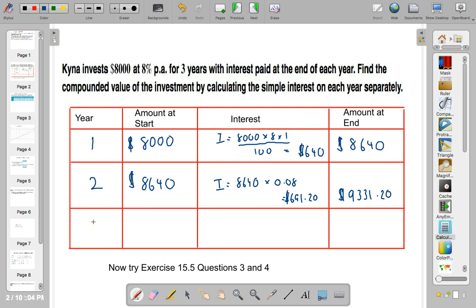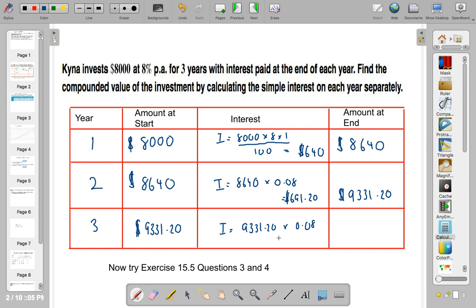Moving on now to year 3. So we carry over the amount from the last year. That's $9,331.20. Calculate the interest equals 9331.2 multiplied by 0.08. So we're rounding off to the nearest dollars and cents here.